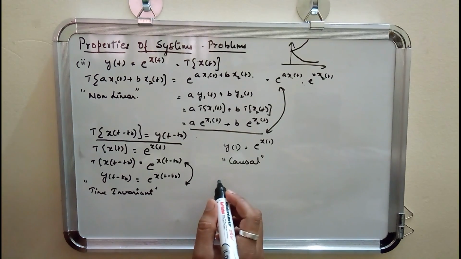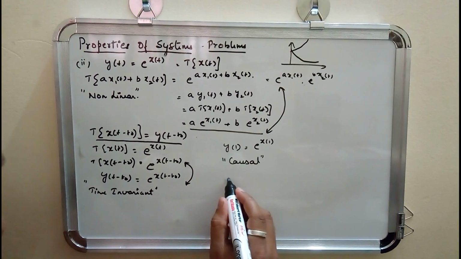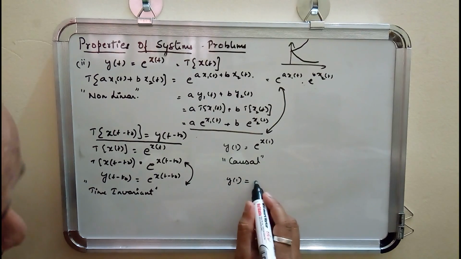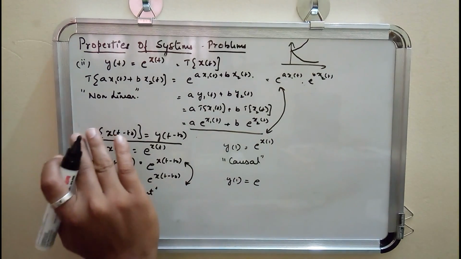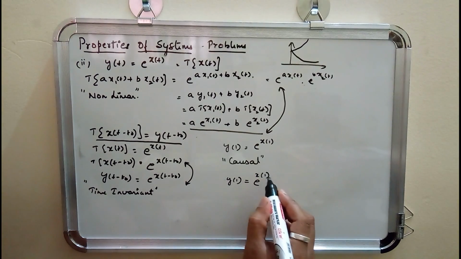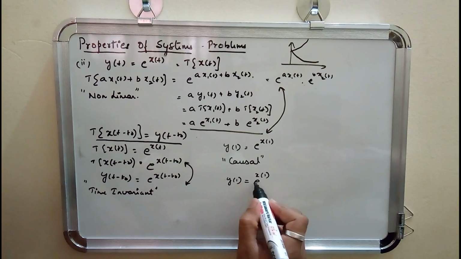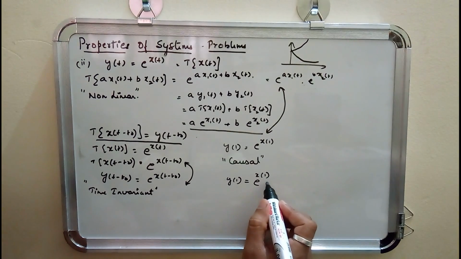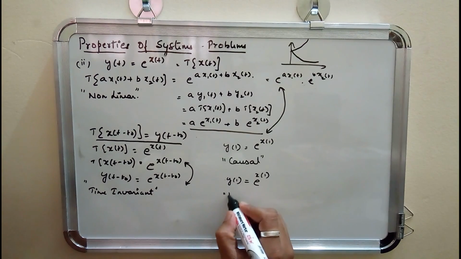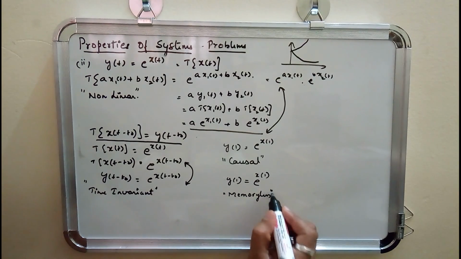Now the next is memory. A system is said to have memory if the output at one instant depends upon the input at a past or future instant. Here it is x of 1. The output at instant 1 depends upon the input at the same instant, which is not the criterion for a system to have memory. So the system is memoryless.